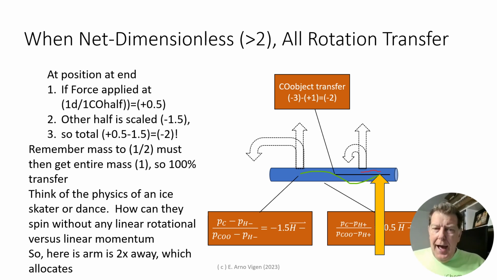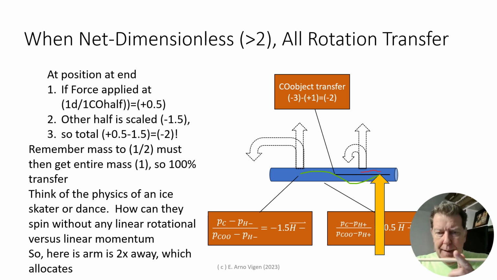Now, how do I get this to transfer entirely to rotational? I've got to get this half and the other half. Remember, you have to get both masses going in the same direction. But if I move out, I don't have to move 2.